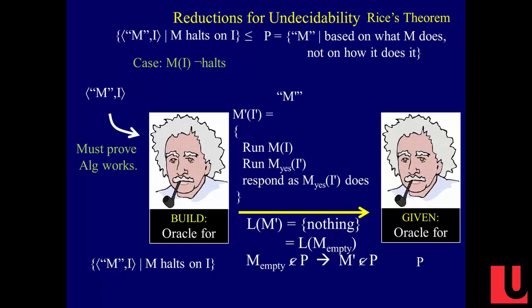People might ask, what's the difference between a Turing machine and an oracle? An oracle is a magic black box. You put in, the answer comes out. You don't have to know why. It's not for us to question why. We're just saying if we had an oracle for this, then we'd have an oracle for this.